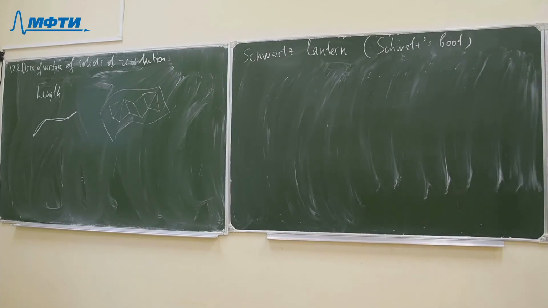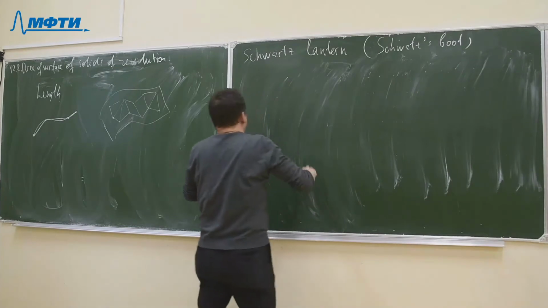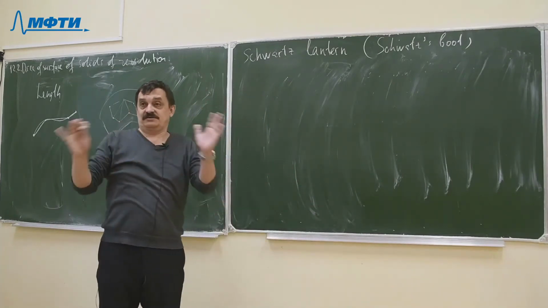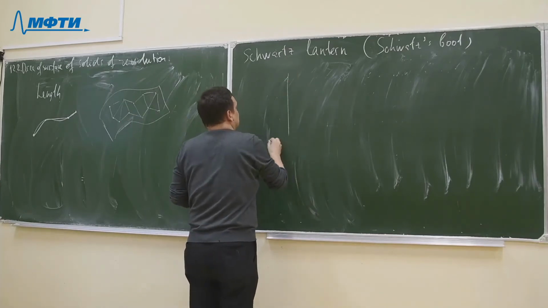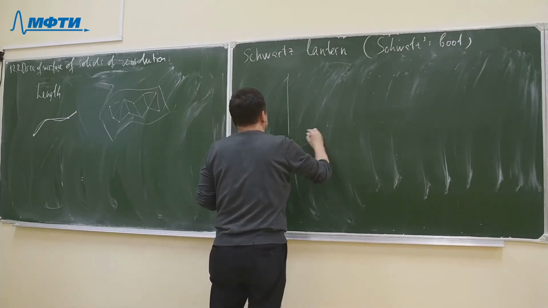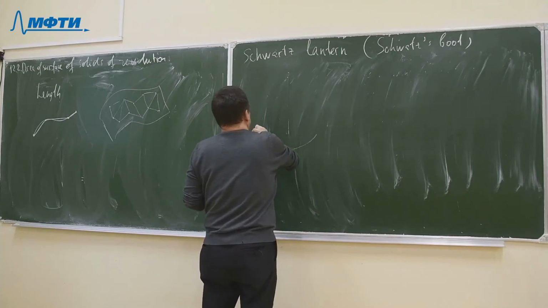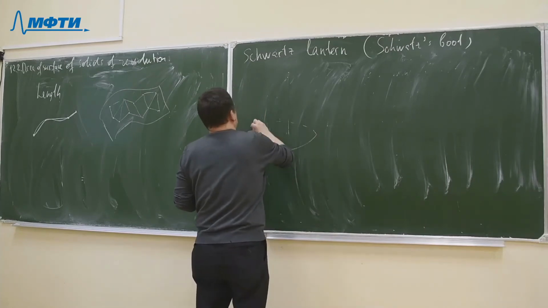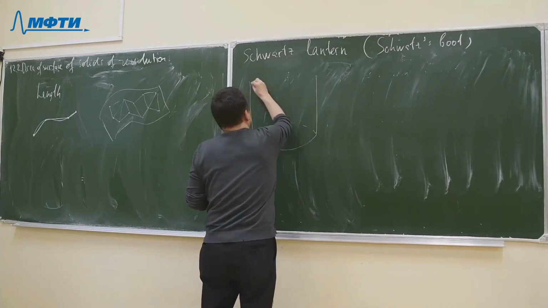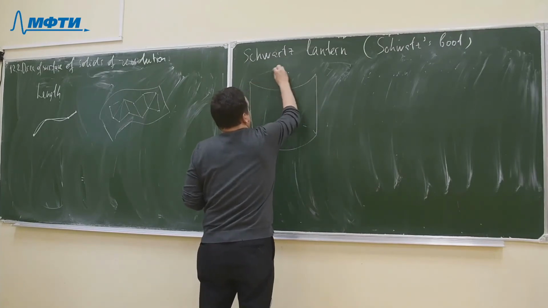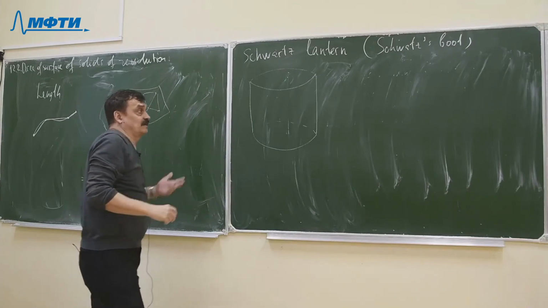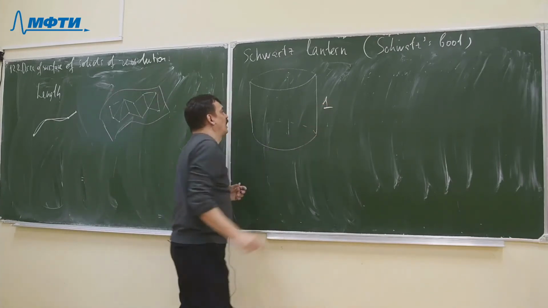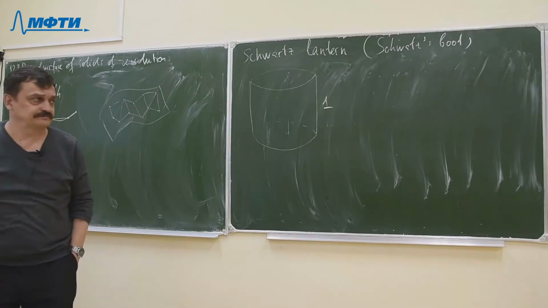So what is it? Consider a cylinder, a very simple, extremely simple surface. A usual cylinder. Let it be of height 1.